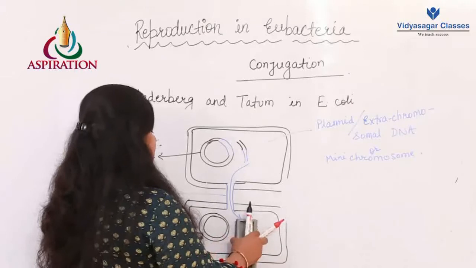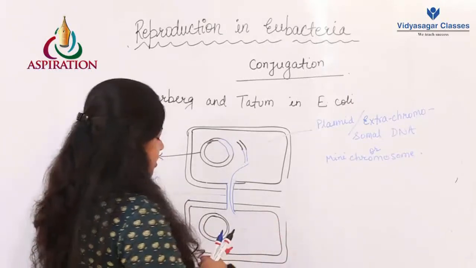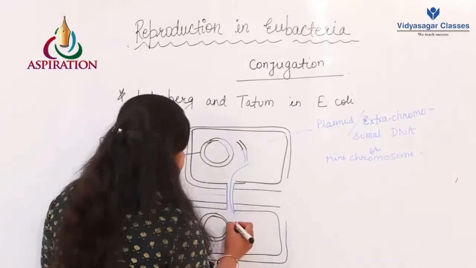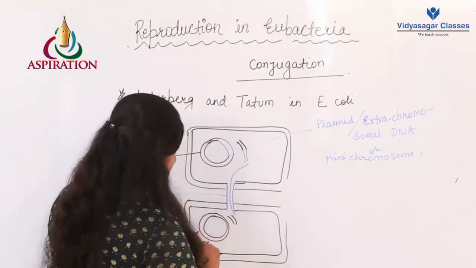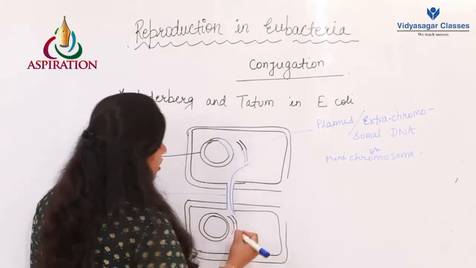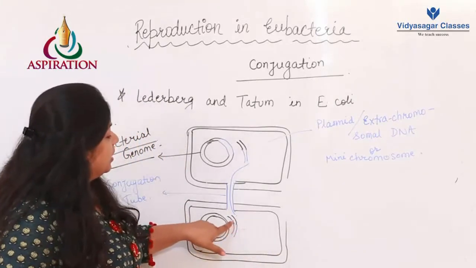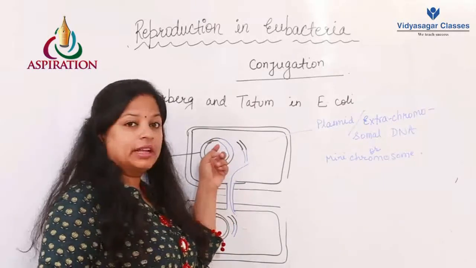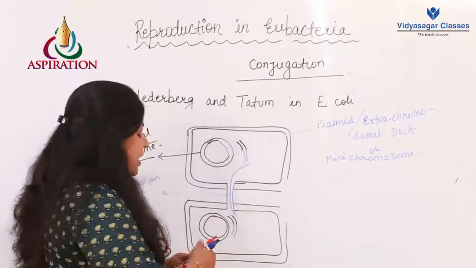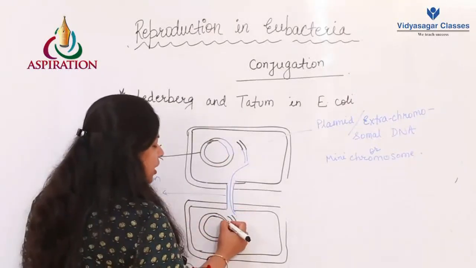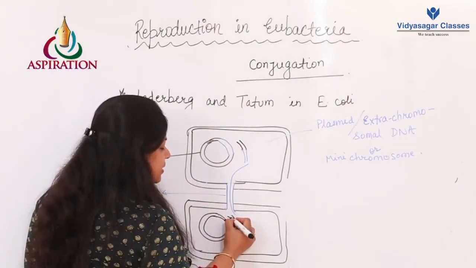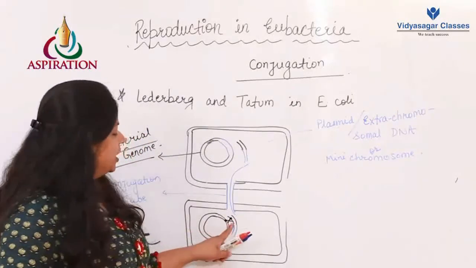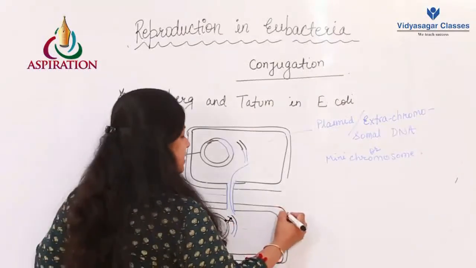So a part of it comes to the recipient bacteria. Now this part contains a part of the genome of the F plus bacteria, so it has the allele for the gene present here. So there is a possibility of crossing over or genetic mixing.